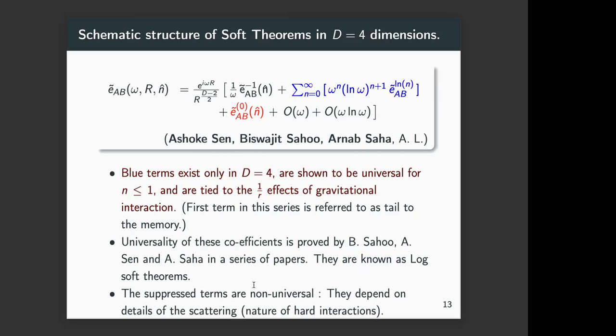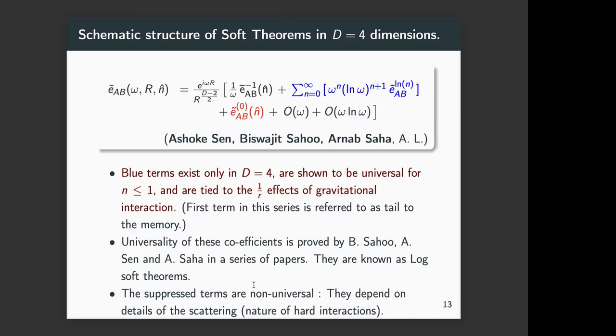In fact, the first term in this series is precisely what we found when we took Peter's formula and did a soft expansion, which was a log omega term. This first term is what is called tail to the memory in general for any scattering. These terms are really exactly like displacement memory. Their universality was proved in a series of papers by Vishwajit, Ashok, and collaborators. The suppressed terms are related to what TRG asked.